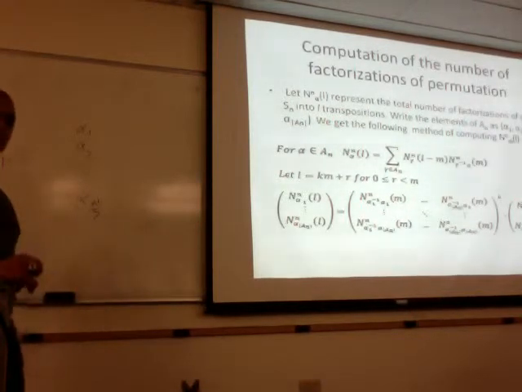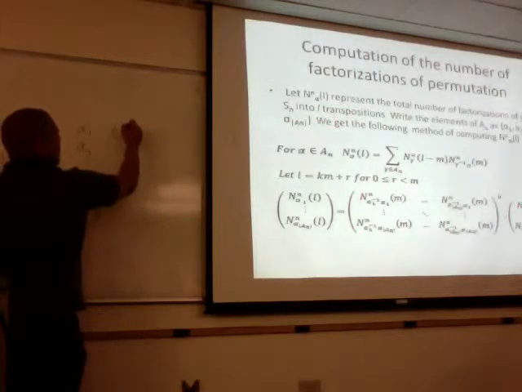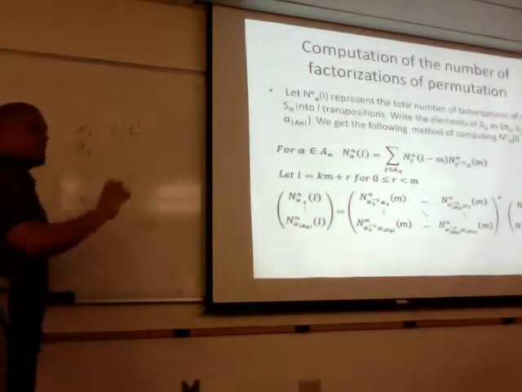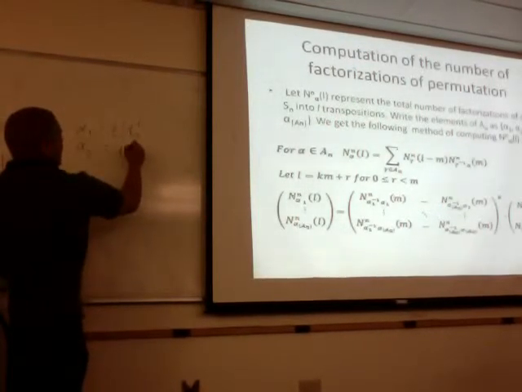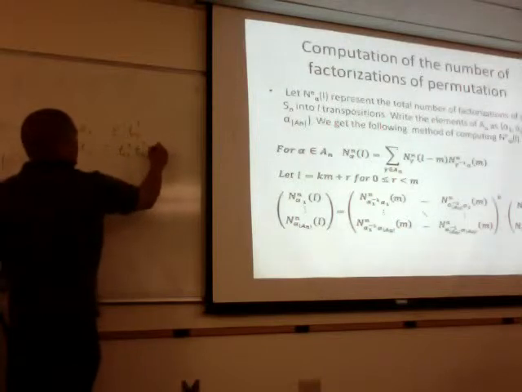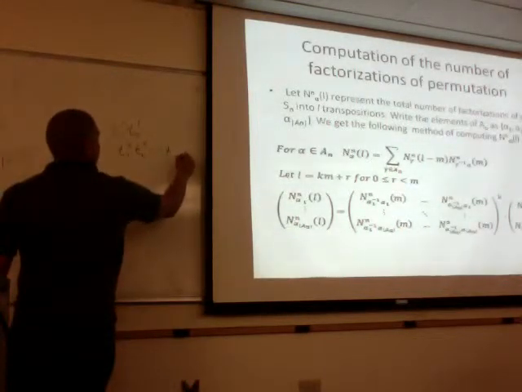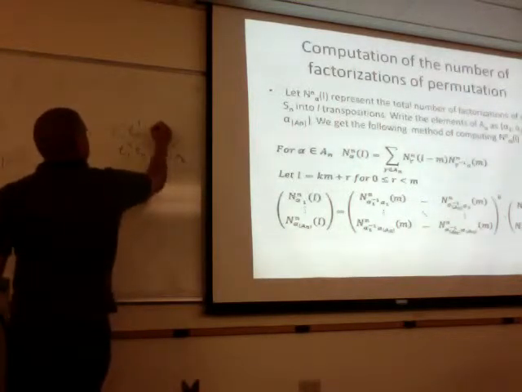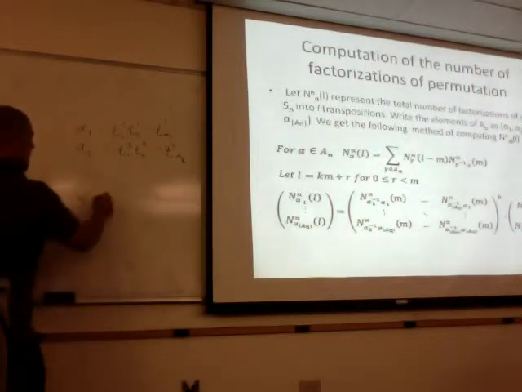Half of them are even, right? Some of them I can express maybe as T1 1 times T2, let's say. Some of them I can express as T1 2, T2 2, all the way to some other number. Let's call it M1, M2 in this case, and so on.